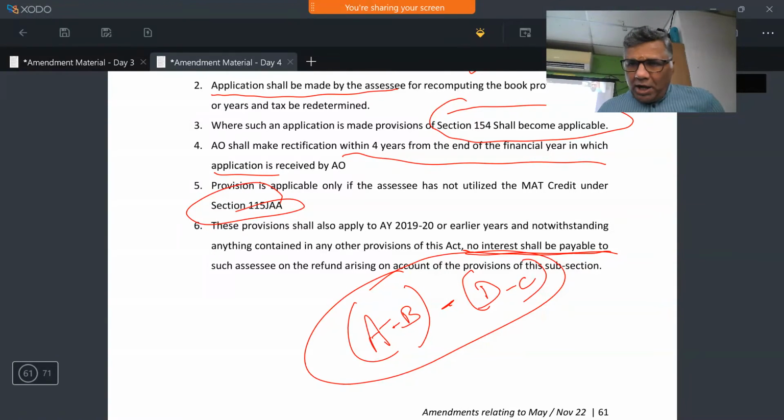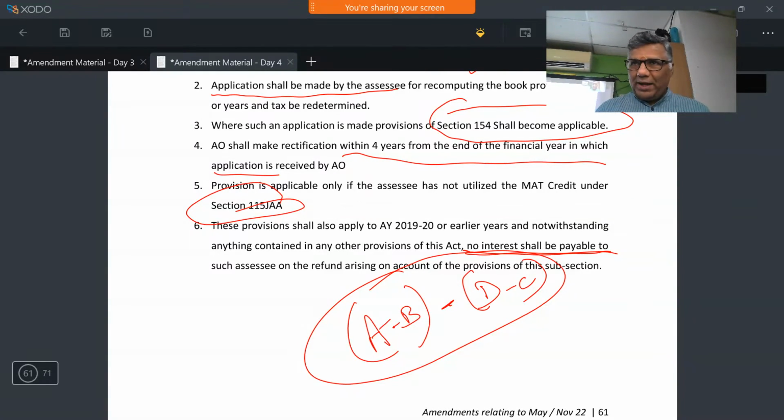I think C and D have been interchanged. C minus D could have been put, but they have given D minus C.